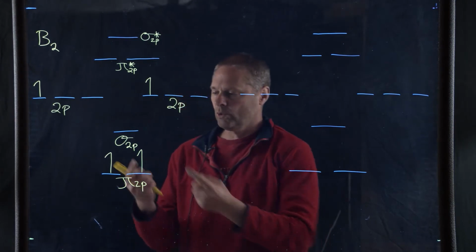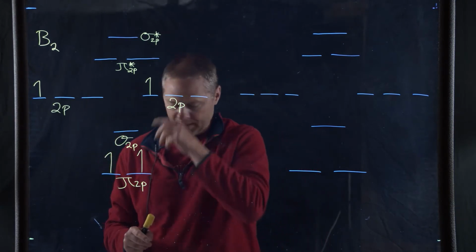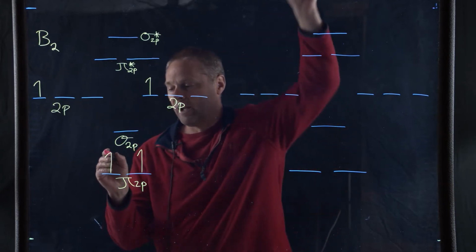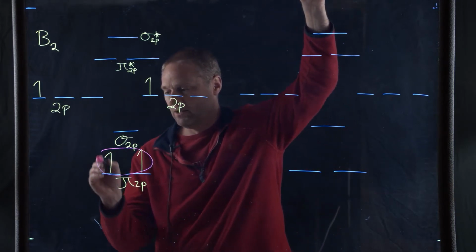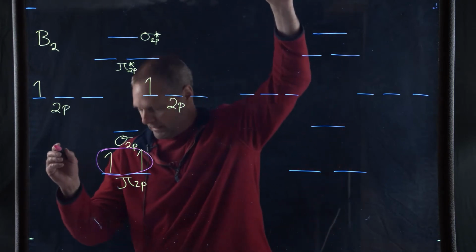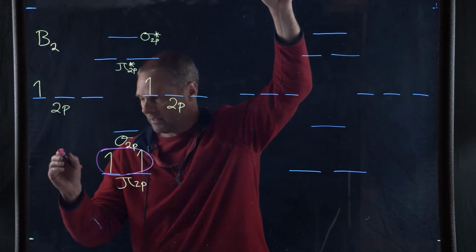Now, remember Hund's rule, in that they're going to be parallel spin. This is a kind of interesting result. Because you have unpaired electrons with parallel spins, this means this is going to be paramagnetic.